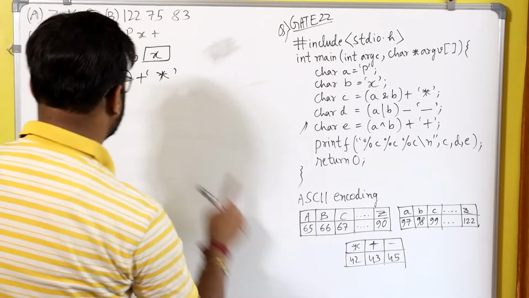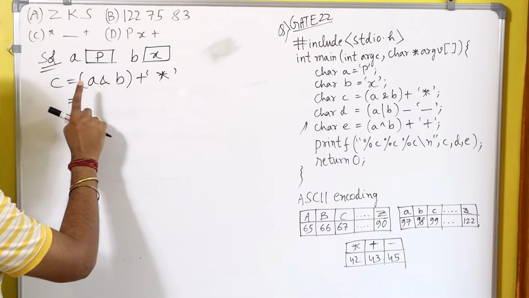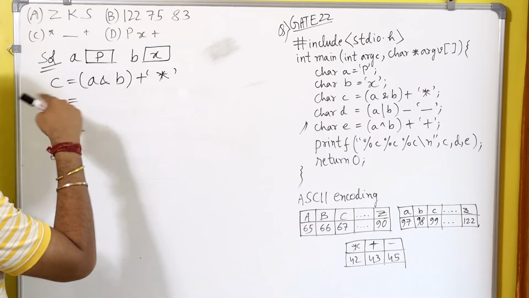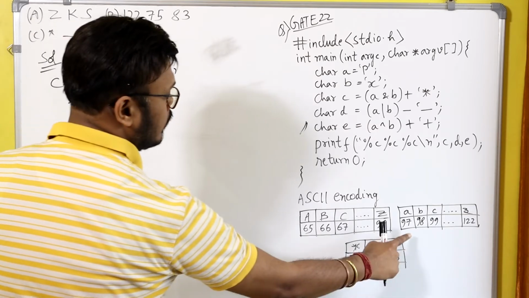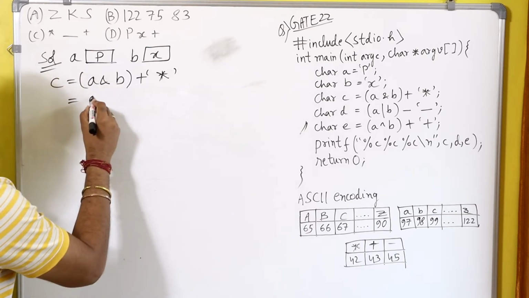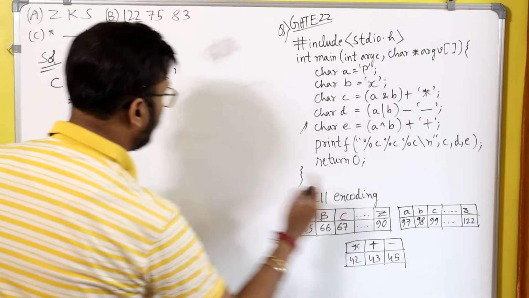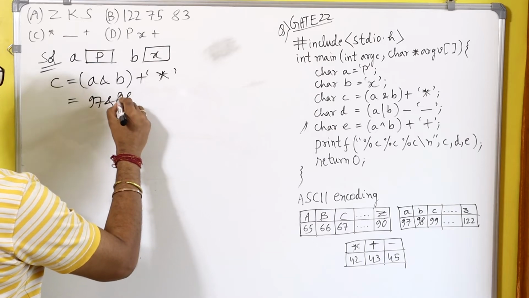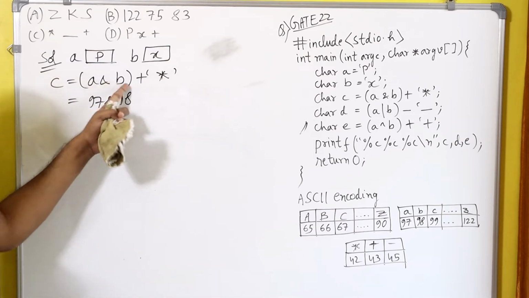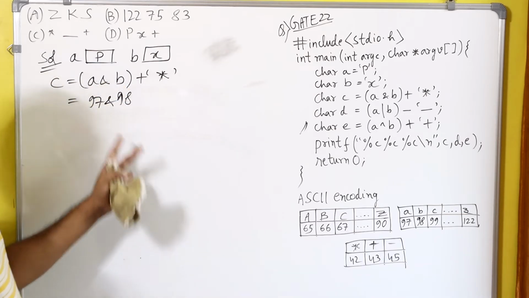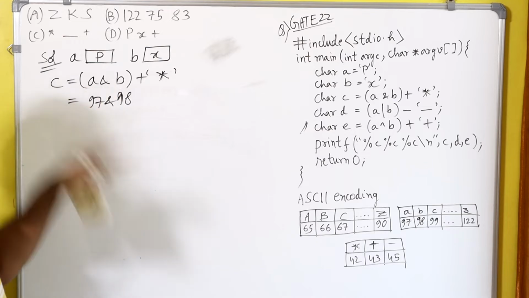In place of small a, you have to write the ASCII value, so they wrote 97 in place of small a, and 98 in place of small b. No, this is wrong. Small a and small b are not characters. They are variables which hold the character.